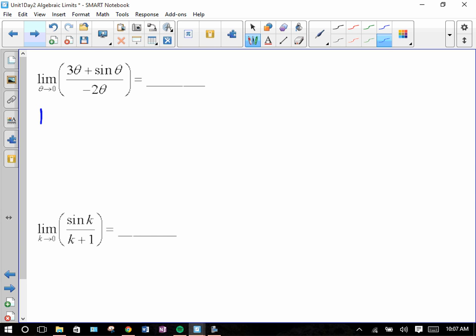So I can have the limit as theta goes to 0 of 3 theta over negative 2 theta plus sine theta over negative 2 theta. So all I'm doing is I'm breaking up the numerator into 2 fractions.